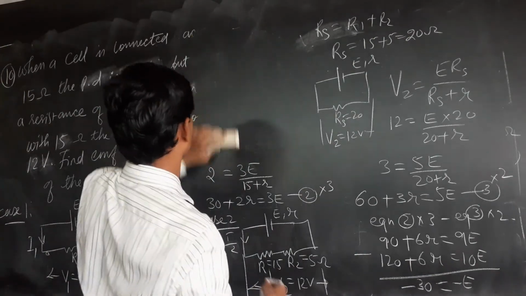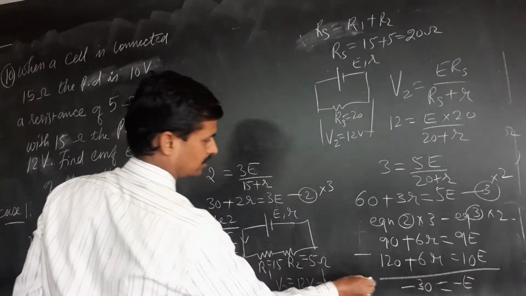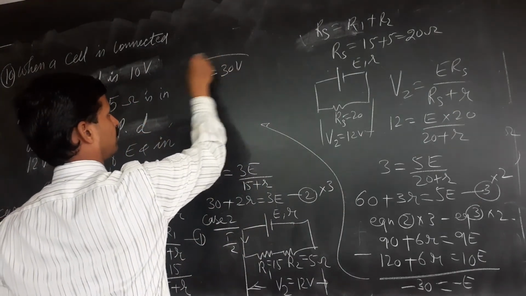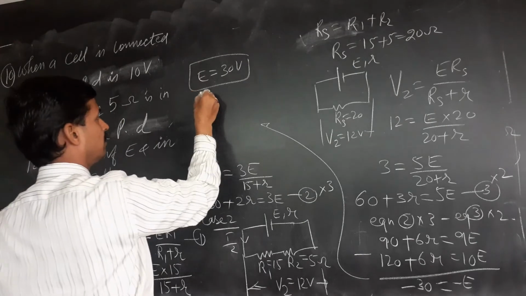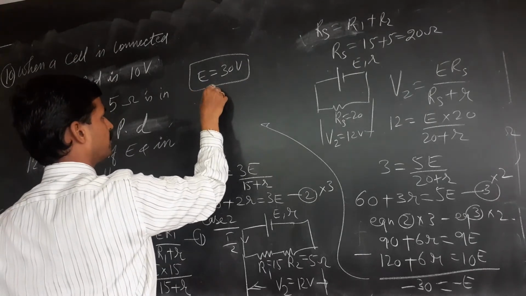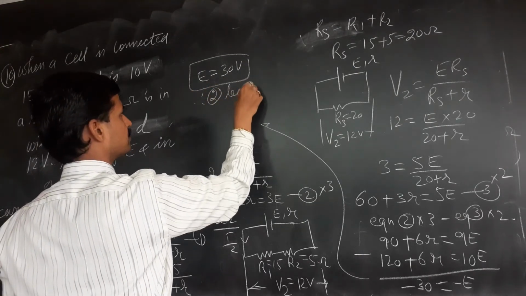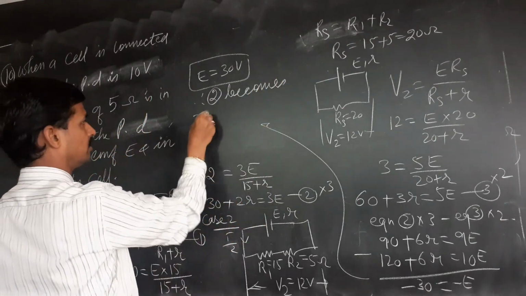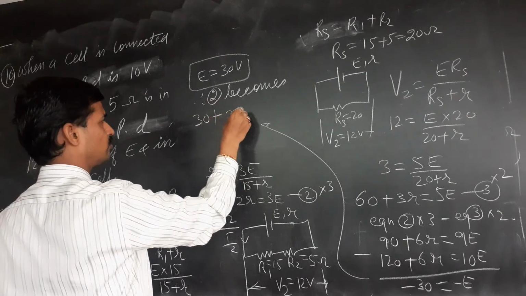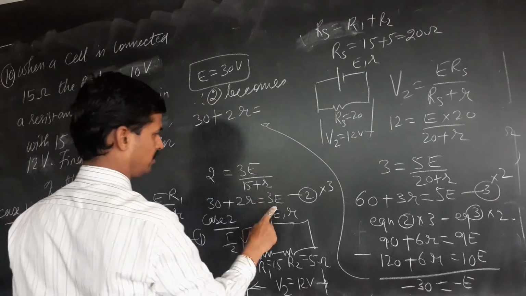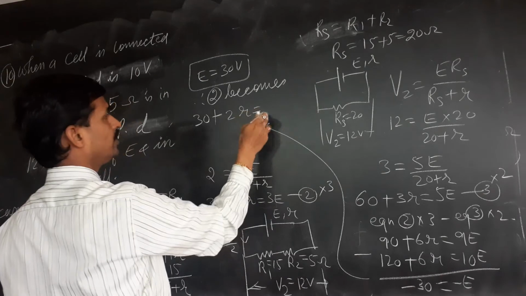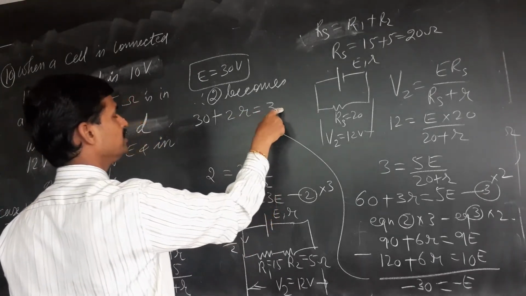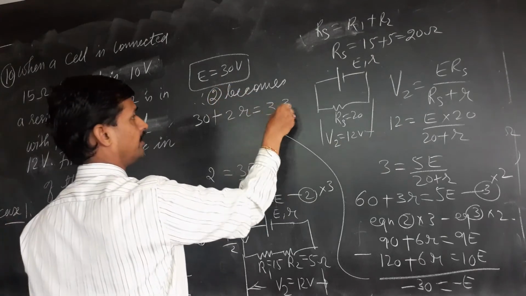I shall write here some. This step I will take here. Implies E is equal to 30 volt. Substitute E. Therefore, equation 2 becomes 30 plus 2r must be 3E. 3E, E is how much? 30.